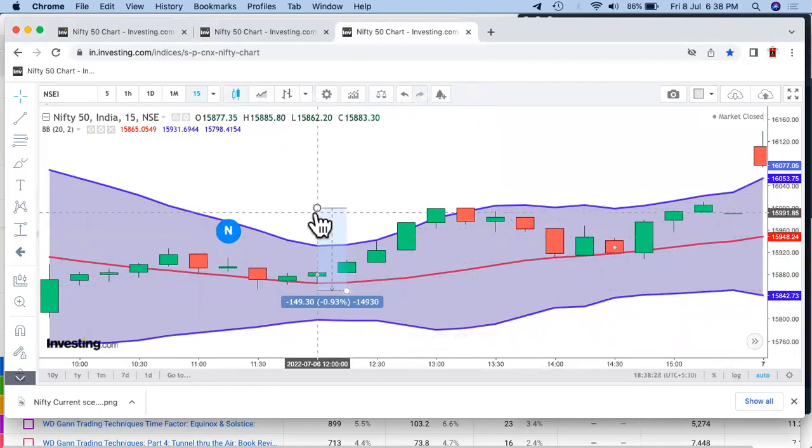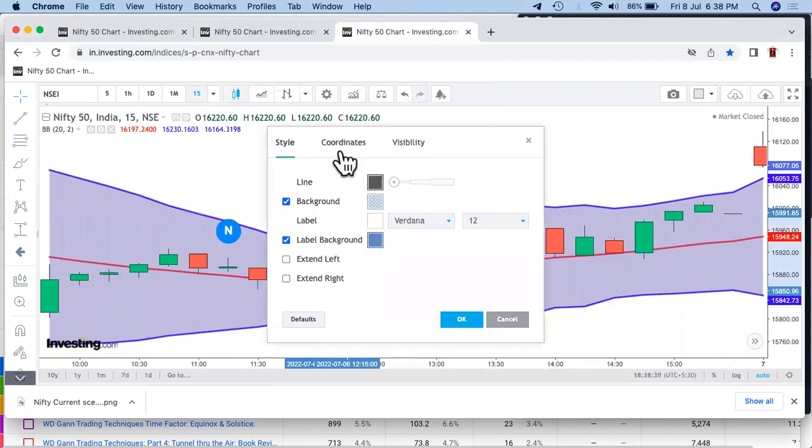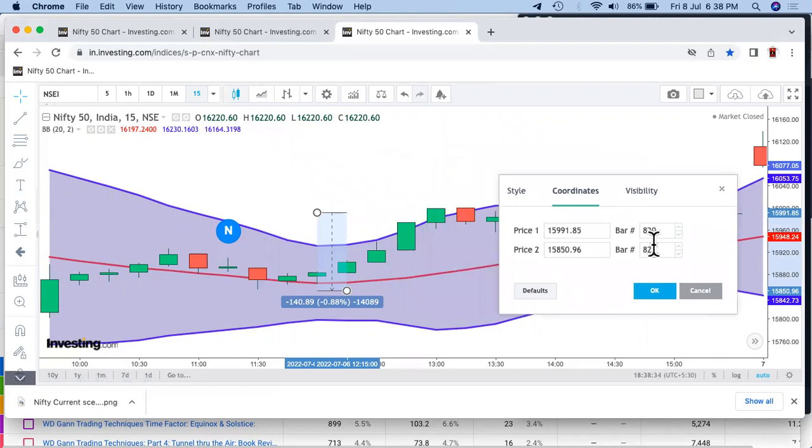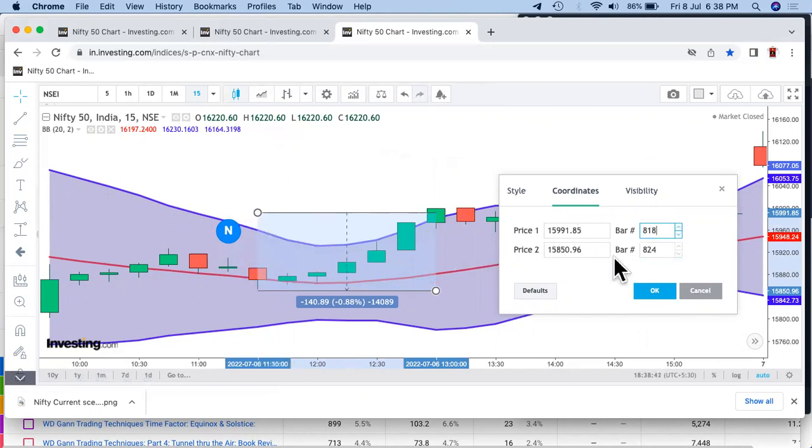Let me just find the exact. So I'll take the exact prices also.